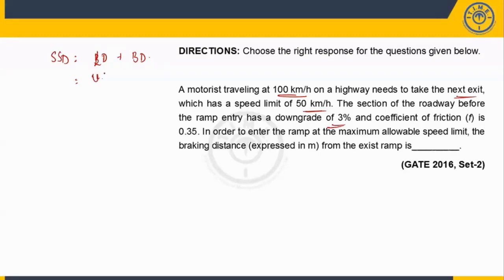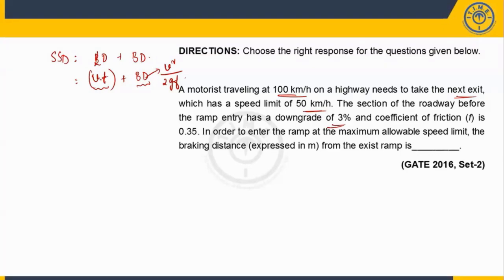It is the distance traveled before application of brakes, during reaction time, plus the braking distance, that is after application of the brakes. So SSD is Vt plus V square by 2gf. Vt is the lag distance, and V square by 2gf is our braking distance.